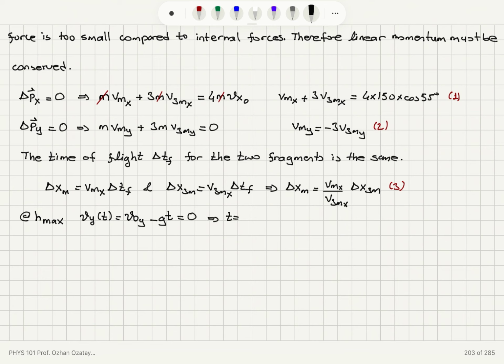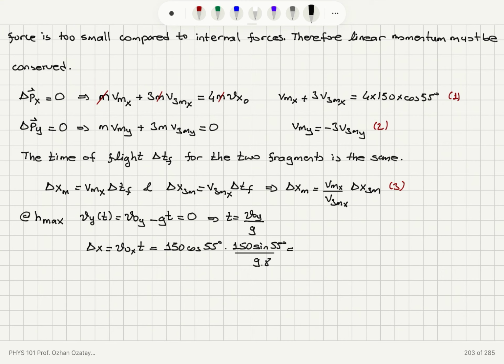Therefore, the time to reach the h max is v0y over g, and delta x, the distance traveled during this time interval, will be v0x times t, which will be 150 cosine 55 times 150 sine 55 divided by g, which is 9.8 meters per second square.